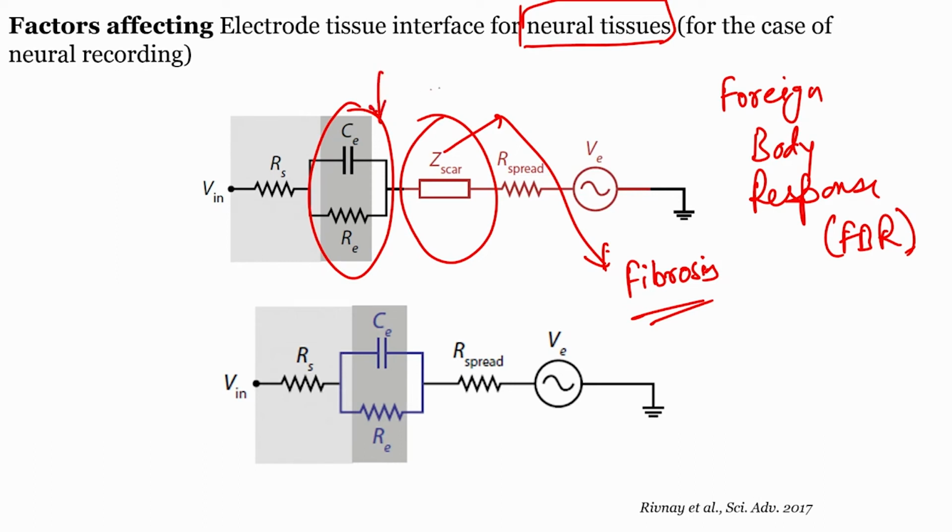Reducing this quantity and eliminating this quantity. This quantity we cannot eliminate because by default electrode and tissue are two different materials. There will be some double layer capacitance and some resistance, leakage resistance associated with that, but this Z scar is something that can be totally avoided. The one way to avoid that Z scar is to use electrodes which have very high surface area.